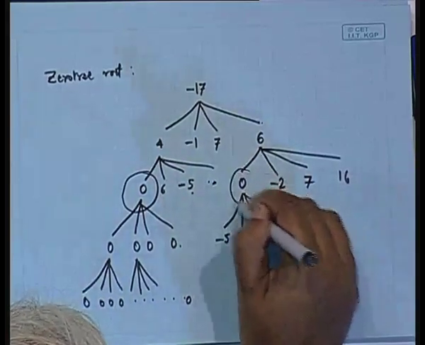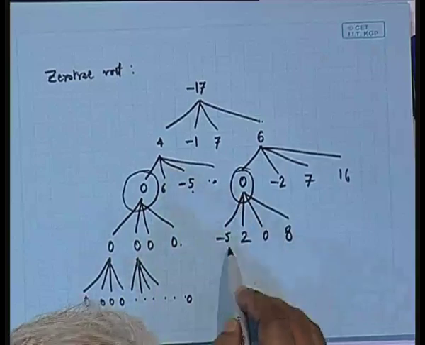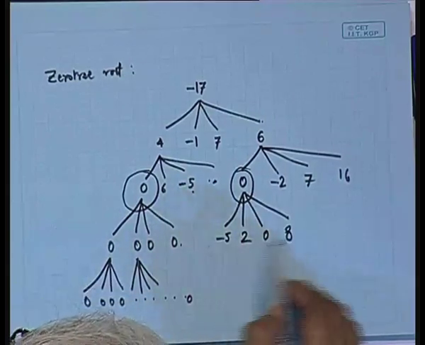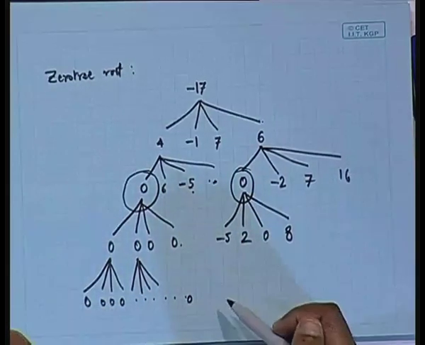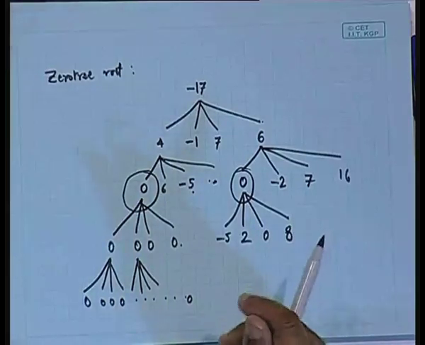Now, this is not a zero tree root. Why? Because this is not forming a zero tree, because beyond its descendants, we are again having some significant coefficients.